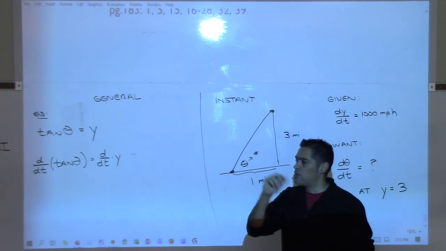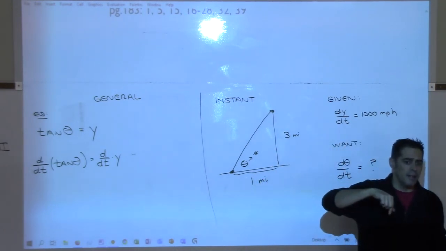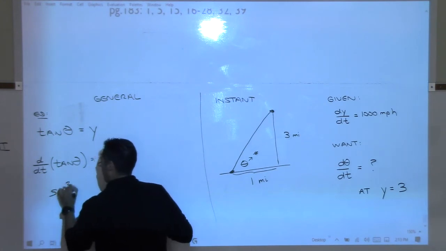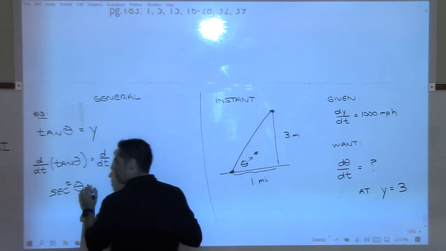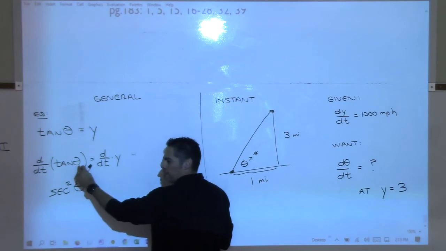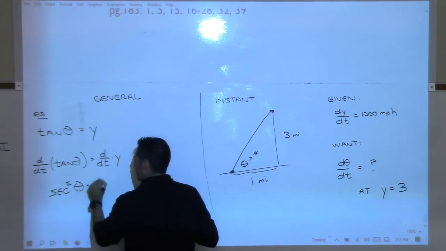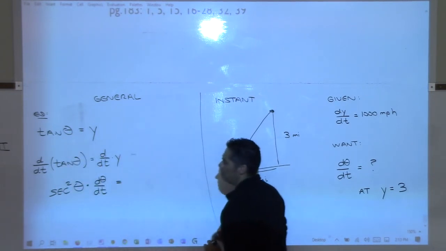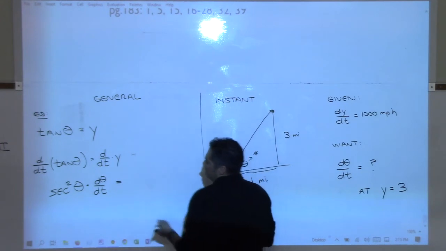Secant squared. Okay, so the derivative of tangent theta is secant squared theta. All right, so be careful though. We've got secant squared theta times d theta. Yeah, you have to take the derivative of theta with respect to time also, so d theta dt. Now we're done with the derivative on the left side. Equals, over here, that's just dy dt.